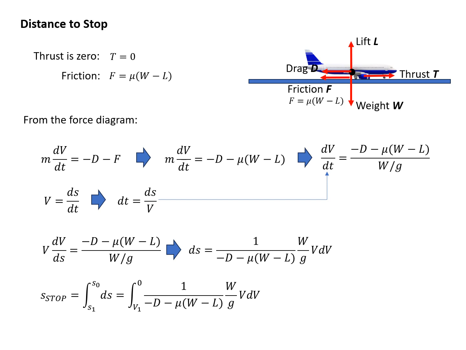Then we have the stop distance, integrated from the decision speed V1, following the definition of V1, to the final velocity, which is 0. So we can have the stop distance.